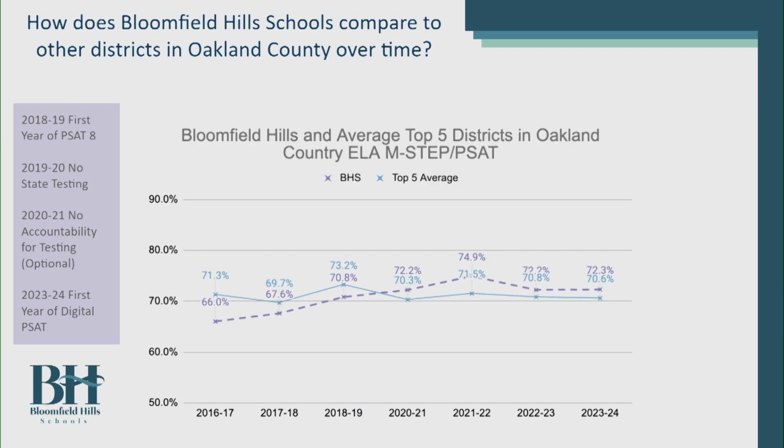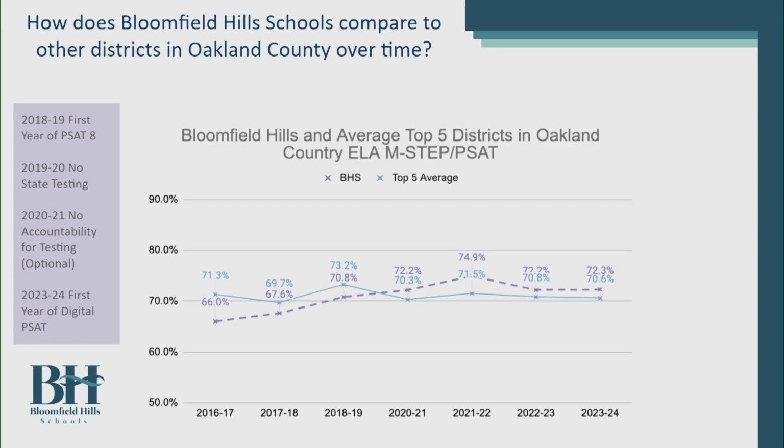So the slide up here is an example of us comparing ourselves to the top 5 districts in Oakland County, or traditionally the top 5. So we took a 5-year average. This is all of our ELA and M-STEP, grades 3 through 8. We are the dotted line that you see there. Over the 5 years, our scores are now averaging above the other 5.